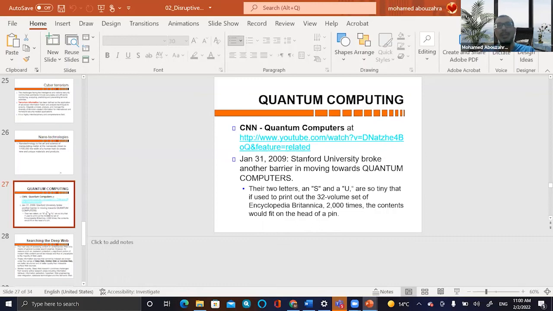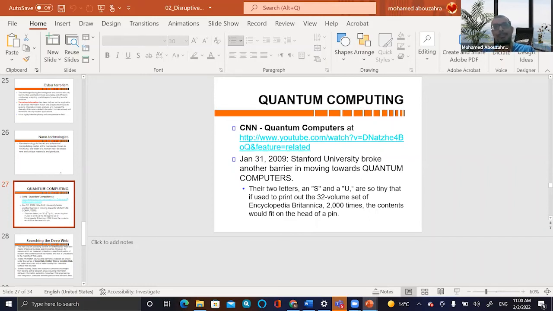Quantum physics or quantum mechanics, if you don't know it, depends on manipulating or using the physics of small objects, so electrons and subatomic parts, and using these in different applications. So quantum computing depends on using some features of subatomic particles in order to improve the efficiency of computers.